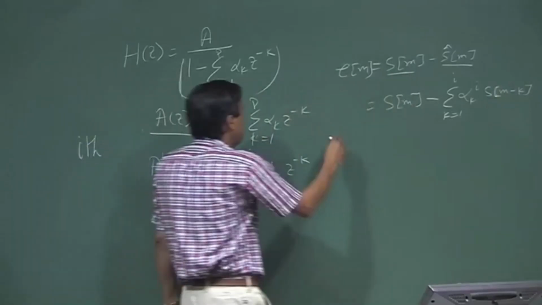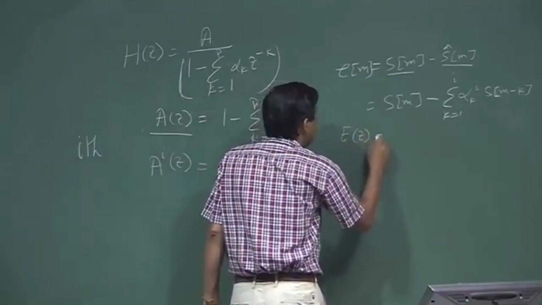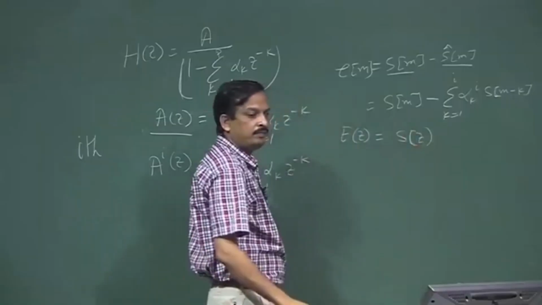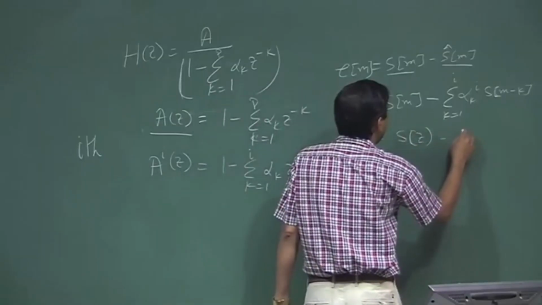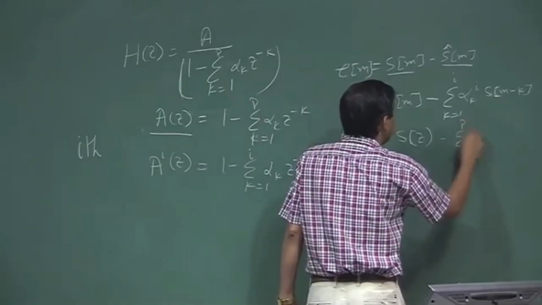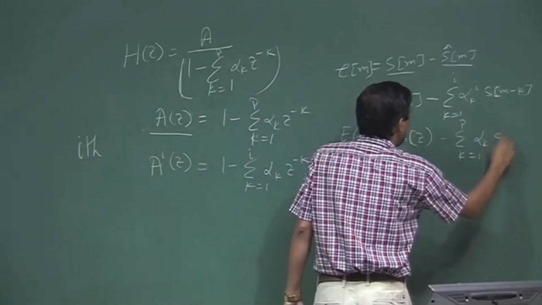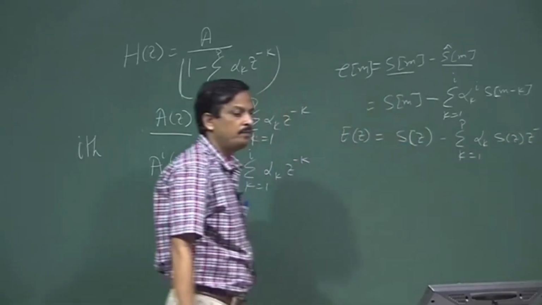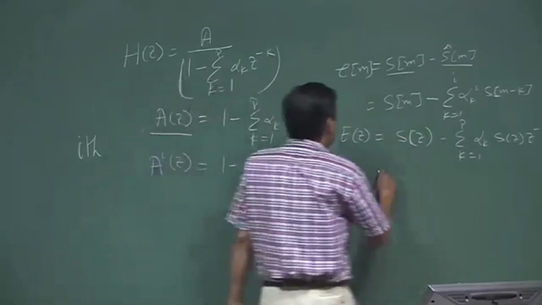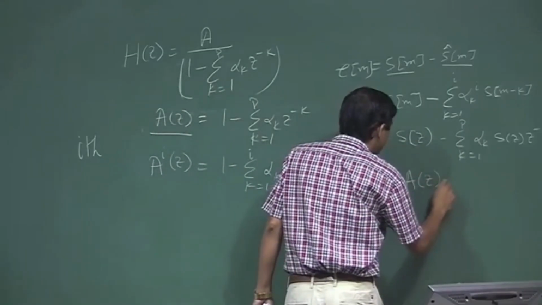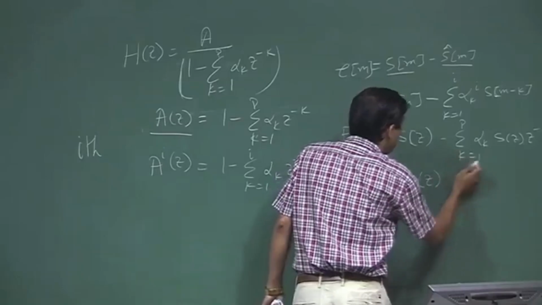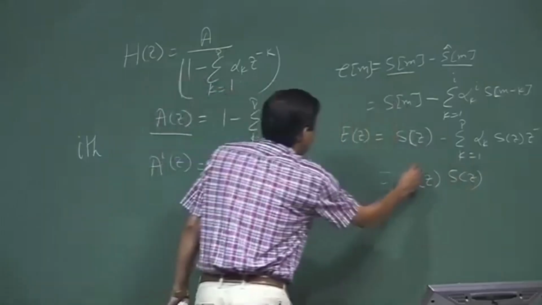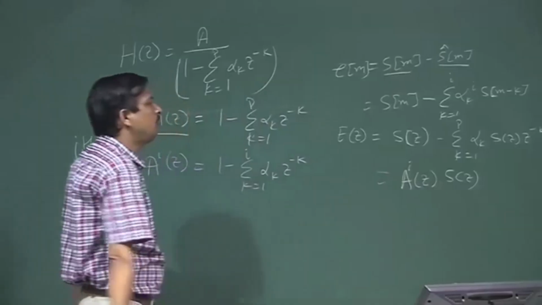In the z domain, I can say E z is nothing but S z minus the sum from k equal to 1 to p of alpha k S z into z to the power minus k. Or I can say this is nothing but A z into S z, or A i of z into S z.